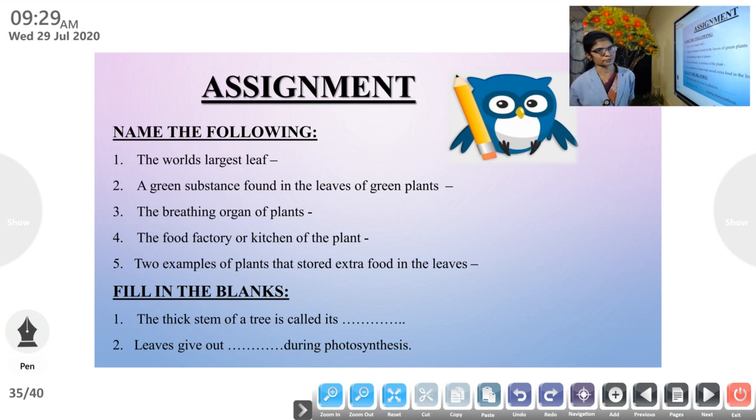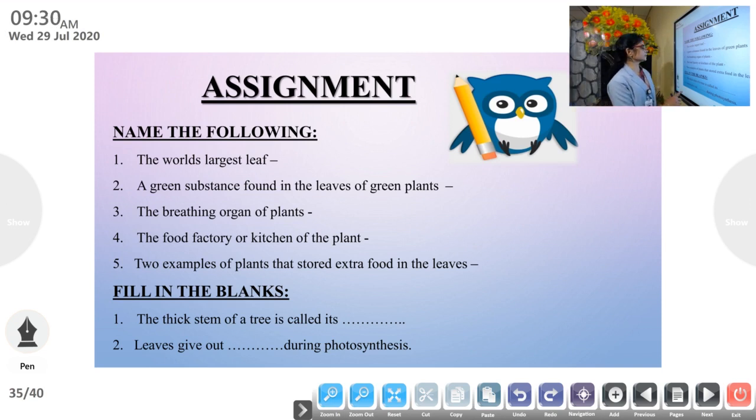Anybody know? Yes, chlorophyll. The breathing organ of plants. Yes, stomata. Two examples of plants that store extra food in the leaf. Cabbage and spinach.